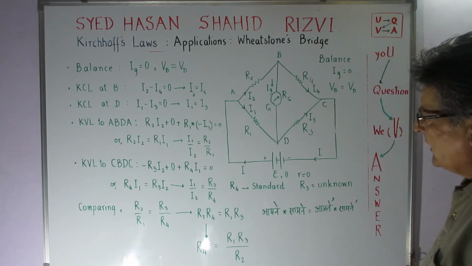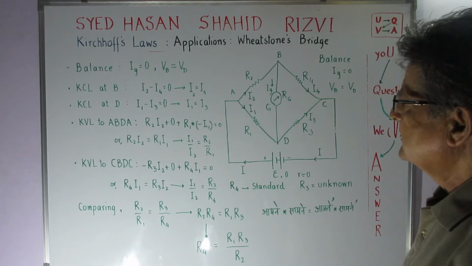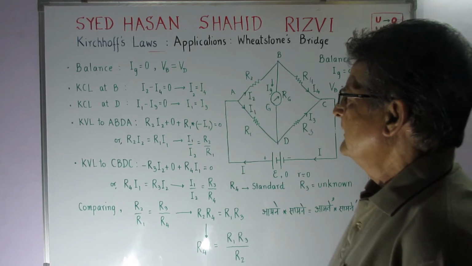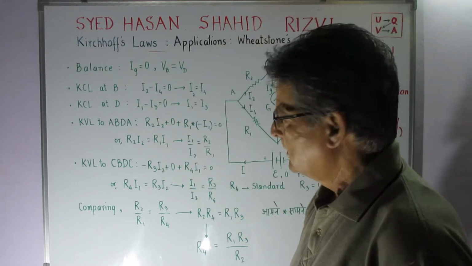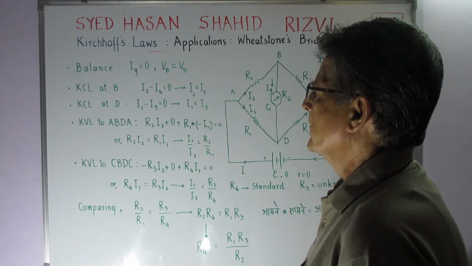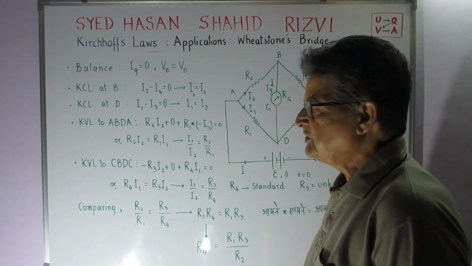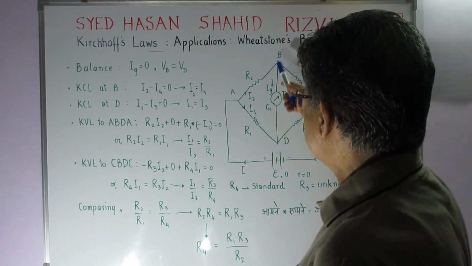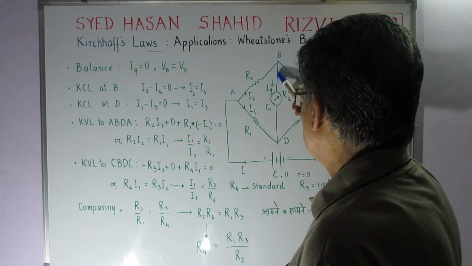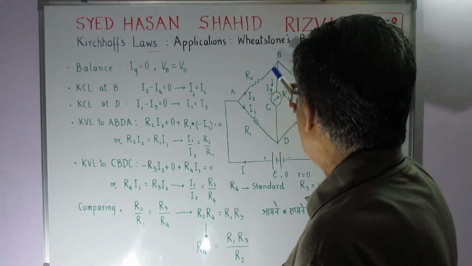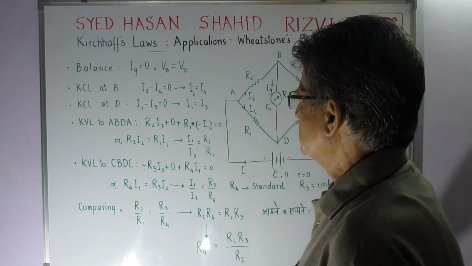So under the condition of balance, you can see that IG is equal to 0, there VB is equal to VD. No potential difference exists. Then we apply KCL, Kirchhoff's current law, that's the junction rule at the junction B. So this is already equal to 0. So this I2 minus I4 is equal to 0.